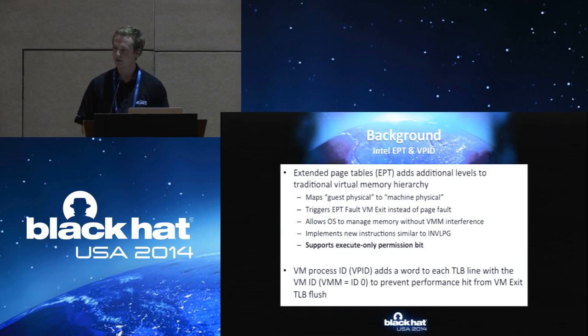It also implements some new instructions to clear selectively or on purpose entries in the TLB. Obviously when you're doing a context switch from one process to another, any mappings that were there, you want to have them invalidated. Otherwise, say if you're in a kernel context and you map in some sensitive piece of memory and then you switch to an application, unless that's invalidated, that application will be able to access that region of kernel memory.